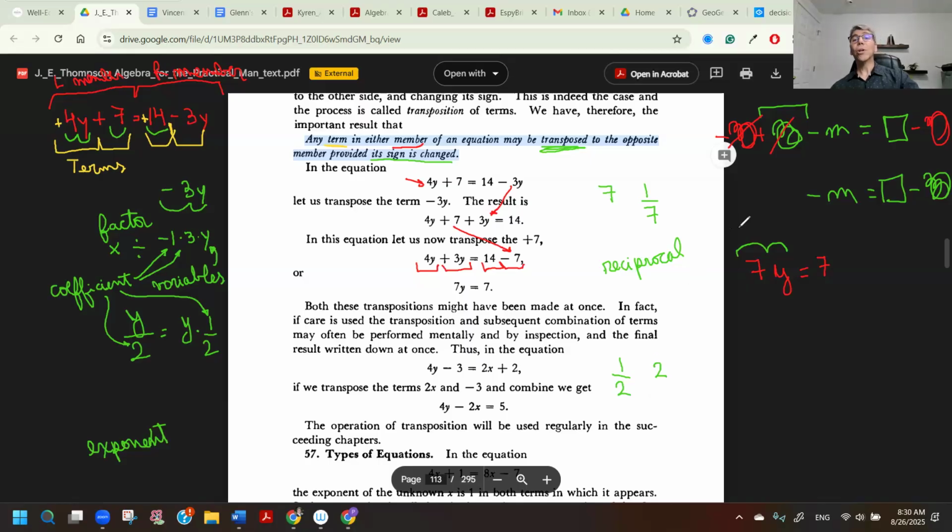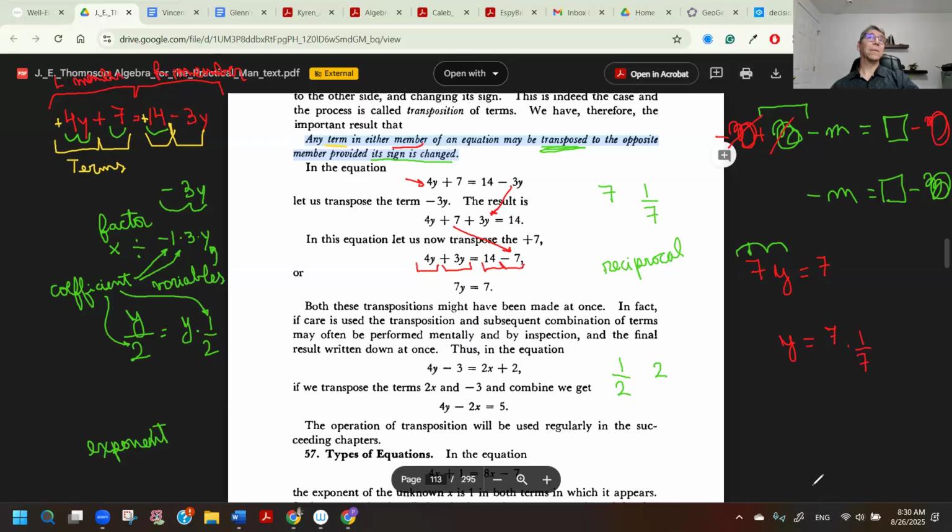And so if I want to move this factor, this 7 here, I can move it to the other side of the equation by doing the reciprocal. So it's going to be y equals 7, that is this 7 there, times 1/7.